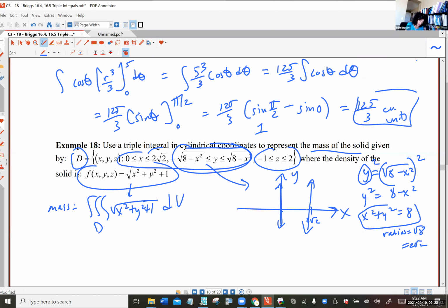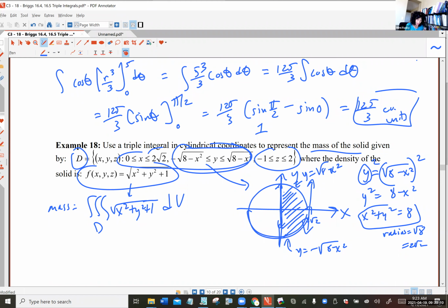So it would be the whole circle because they're telling me that y goes between negative square root of 8 minus x squared, that would be the lower semicircle, and then the upper semicircle would be y equals positive square root of 8 minus x squared. Do we want the whole circle though? No, because they're telling us that x lies between 0 and 2 square root of 2.